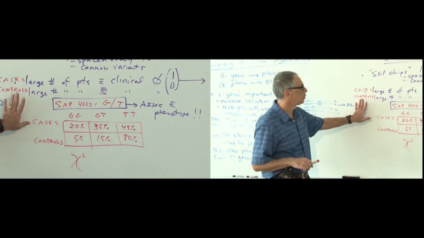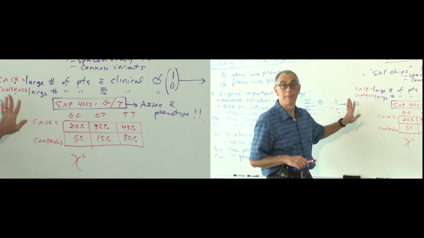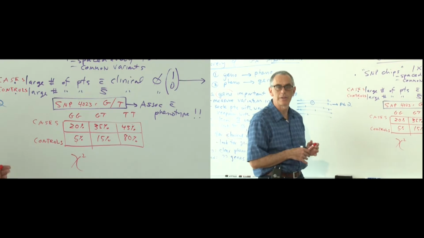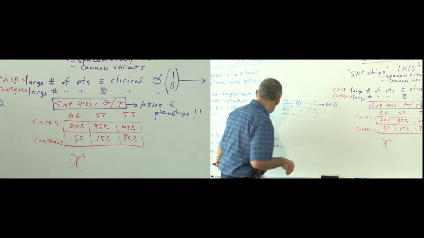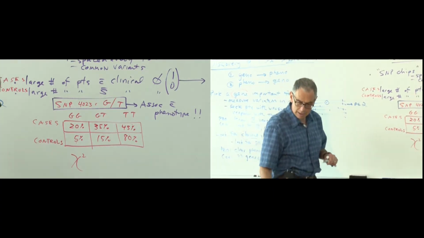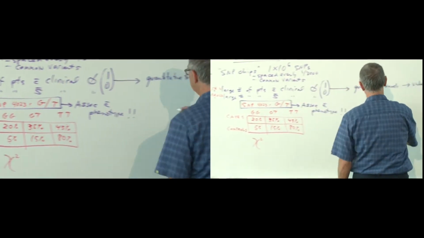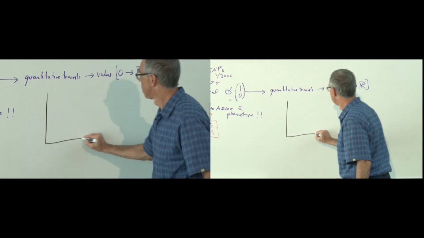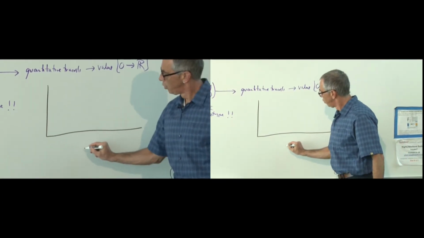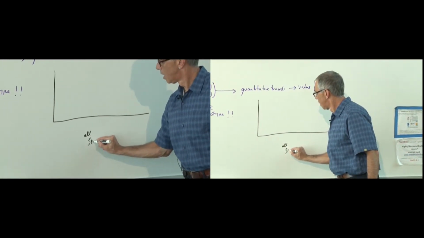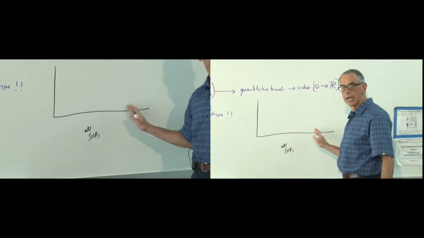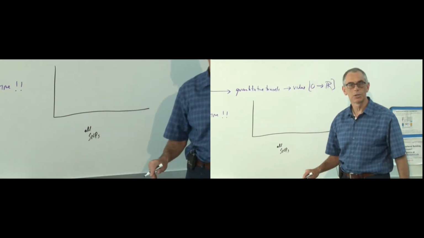Now, I told you we're doing 1 million of these tests. So how do we look at these overall? And it's done with something called a Manhattan plot. And a Manhattan plot looks like this. You have all the SNPs lined up along the x-axis, sorted by chromosome position.